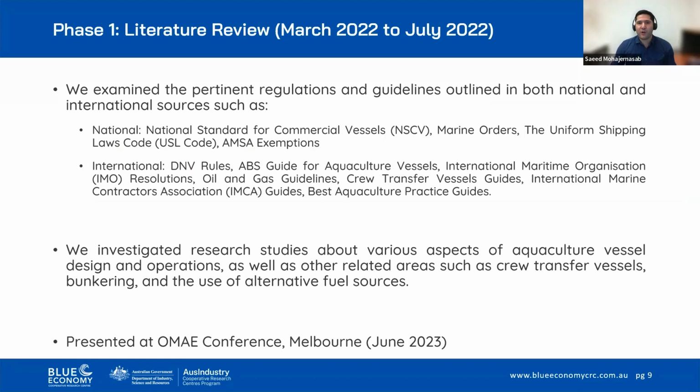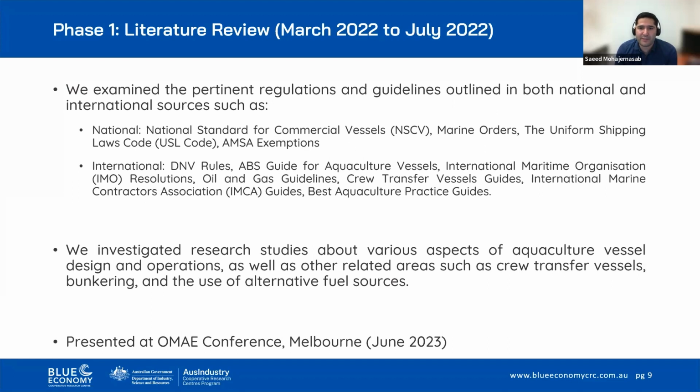So for phase 1, the literature review ran from March 2022 until July 2022. During this period, we examined various regulations, guidelines, and research studies. The guidelines included national Australian standards and rules, such as NSCV, the National Standard for Commercial Vessels, Marine Orders, the Uniform Shipping Law Code, and also AMSA exemptions.